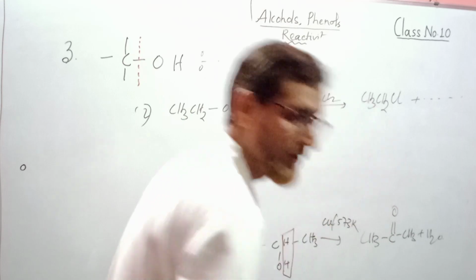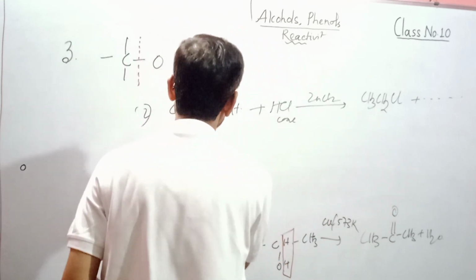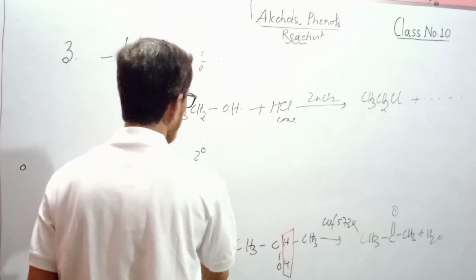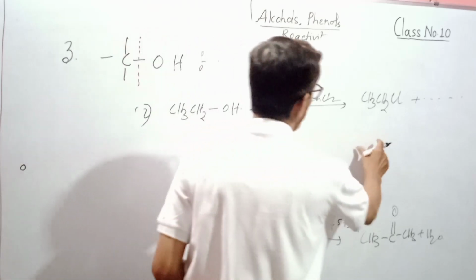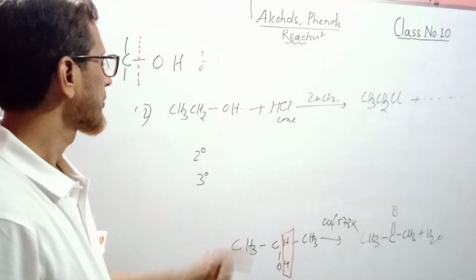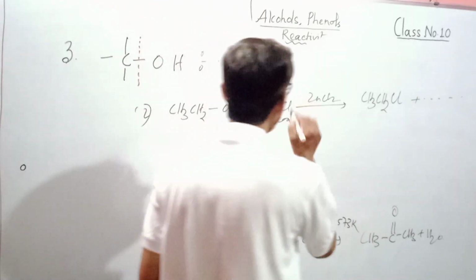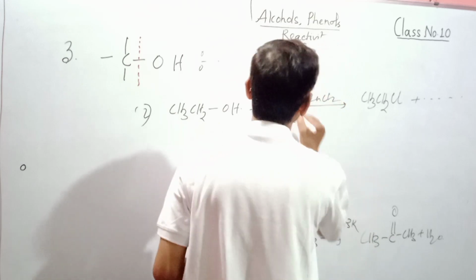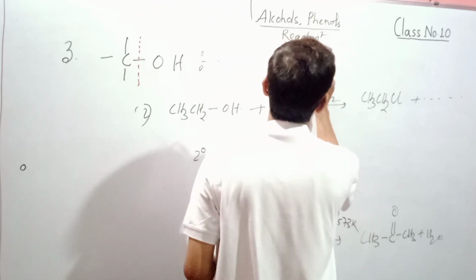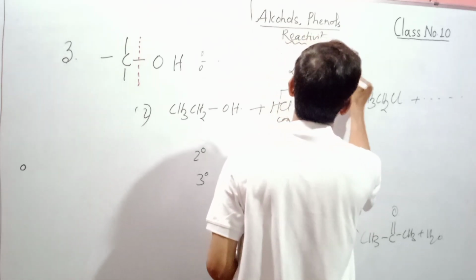In the same way, if you use 2 degree alcohol, we will get alkyl halide. For the same reason, if you use 3 degree alcohol, we will get alkyl halide. My main motto here is to explain one very important thing, the name of this reagent. This is Lucas reagent.